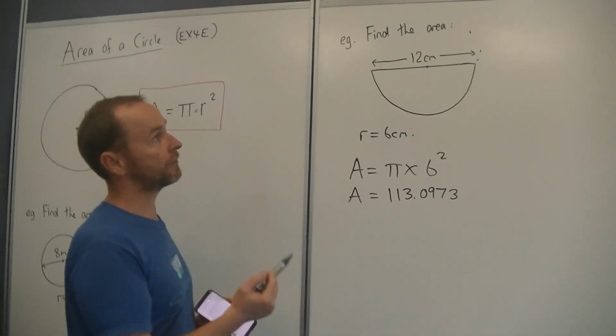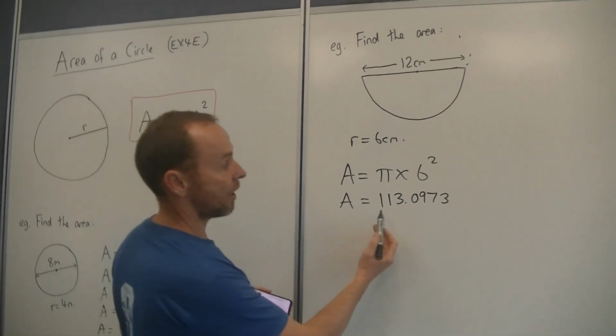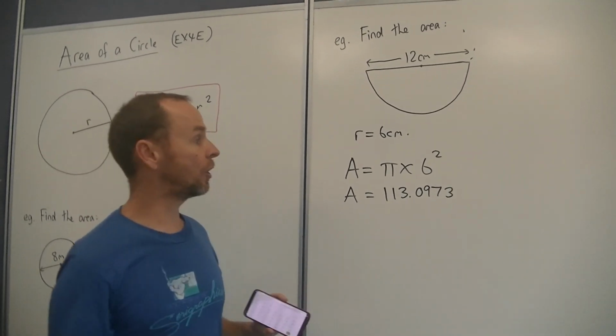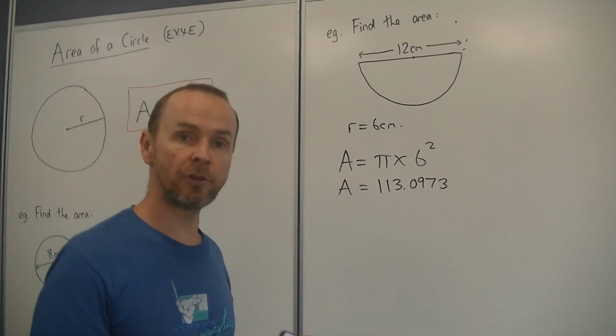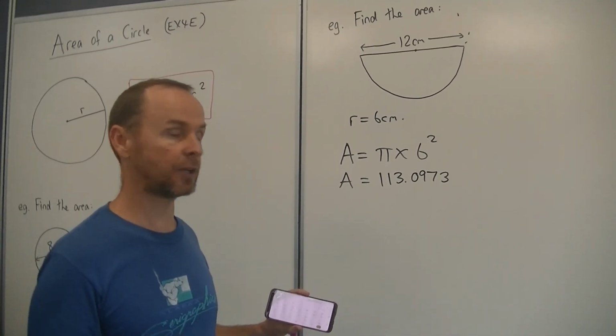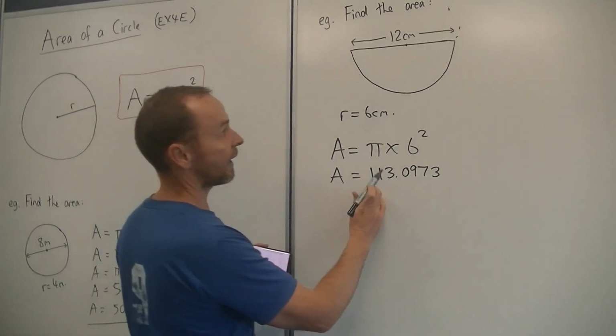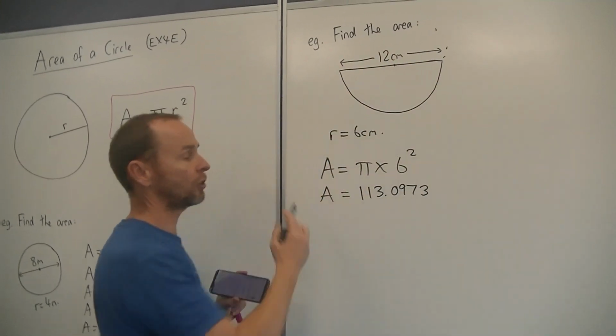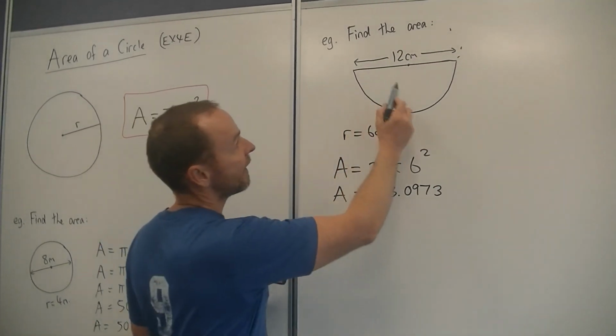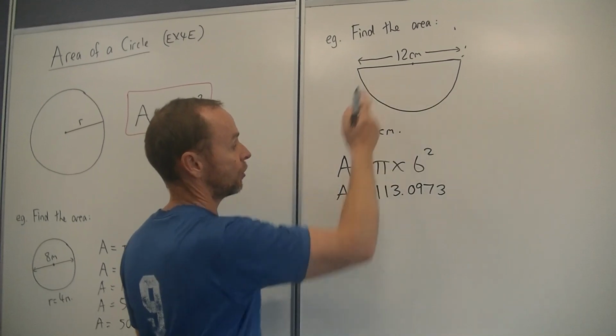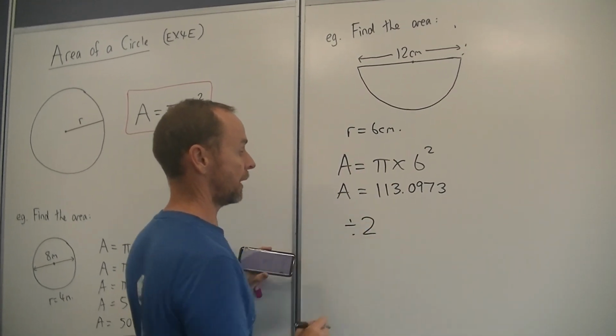Okay, if the question said do it to 2 decimal places, I have written to 4 decimal places because in my workings out, make it to more decimal places so it'll actually be accurate. So that is the area of a whole circle. Make sure you know what you're working out. We have half a circle or a semicircle, so we need to divide this answer by 2.